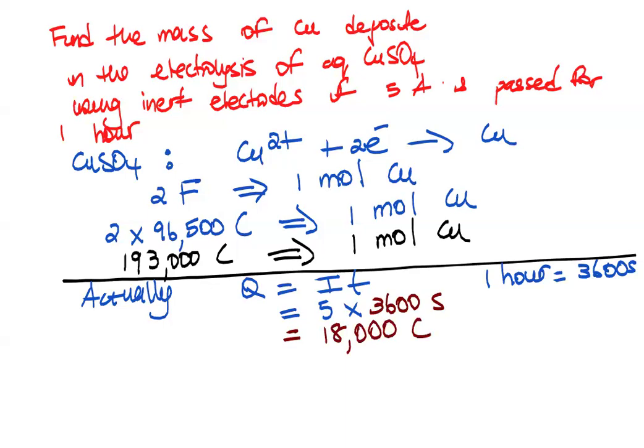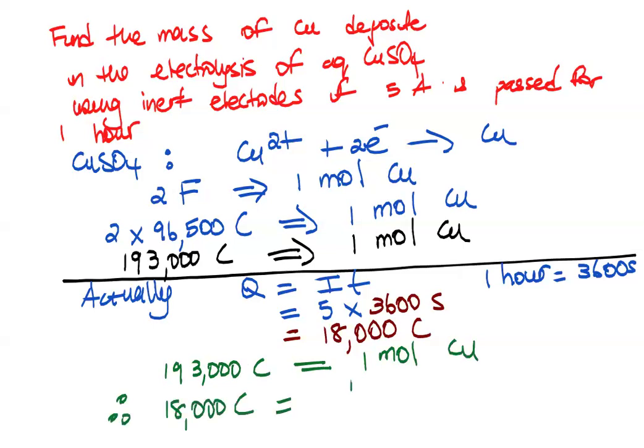Right. Now, how much are we going to get actually? Think about it. 193,000 C will give me 1 mole of copper. So 18,000 C will give me, let's see it, therefore 18,000 C will be 1 over 193,000 by 18,000.